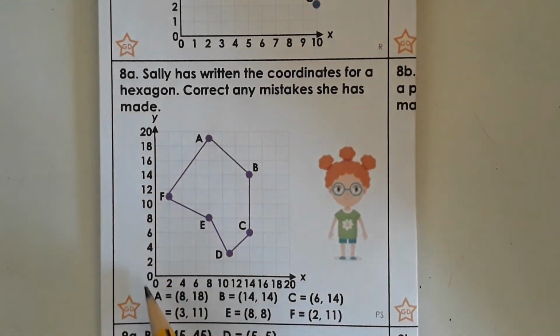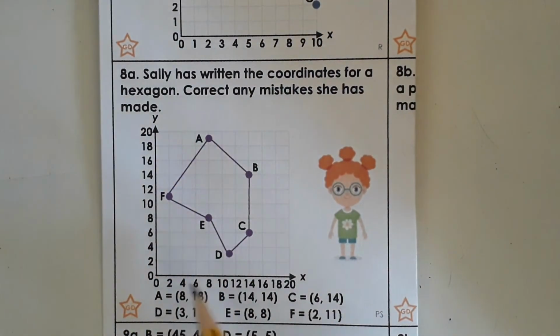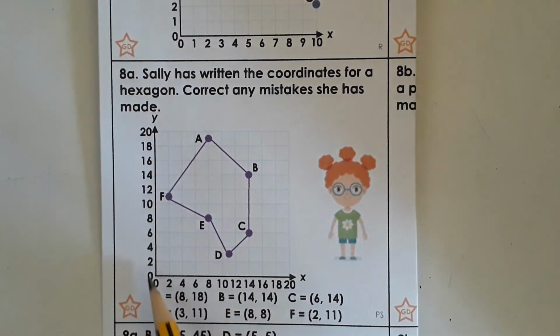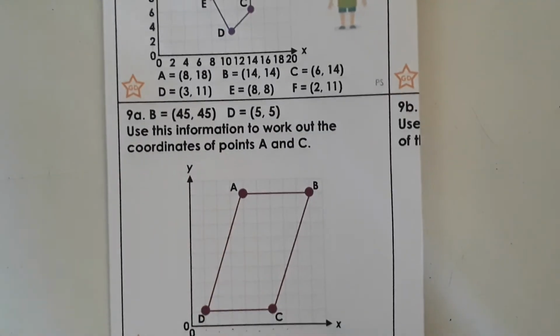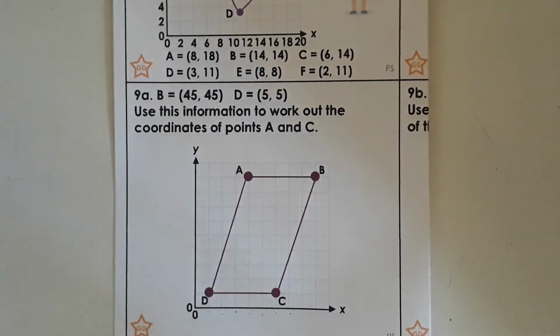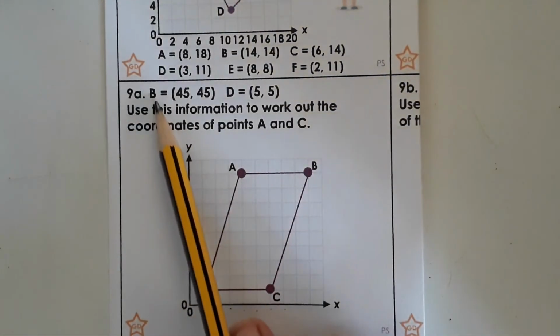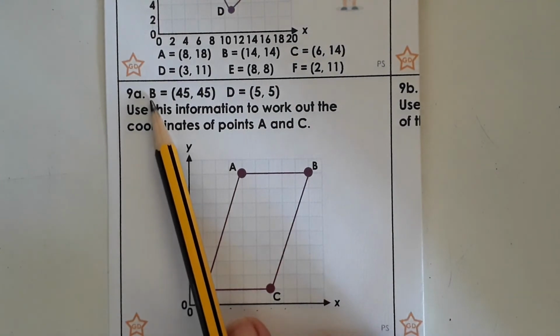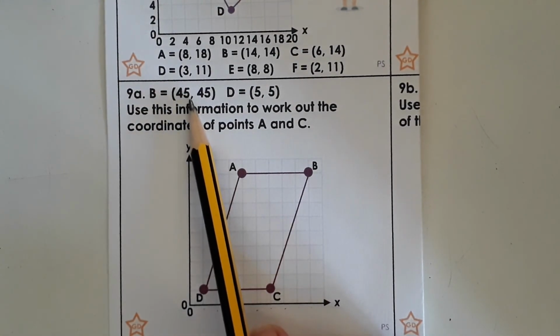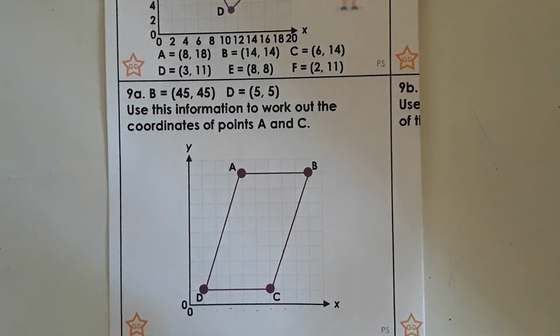Alright, so for the first time, our values on our axes are not just going up in ones. Down here you will be able to see you've got the grid, and it tells you that point B is (45, 45).